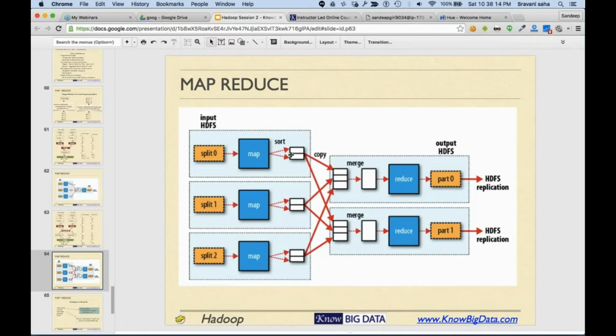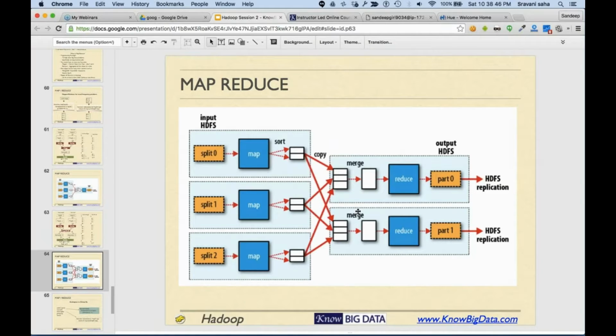Okay, so if there are multiple reducers, the output of the mapper is broken into two buckets. The first one goes to the first reducer, the second bucket goes to the second reducer. Whenever you run MapReduce, you run it on top of an input file.